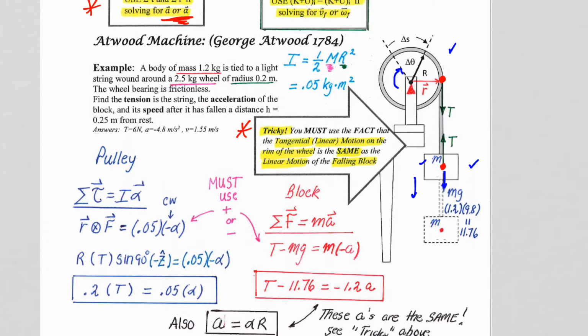The string is locking them together. It's coupling this system in a way that's locking that tangential motion on the rim of the wheel with the linear motion of the block falling.